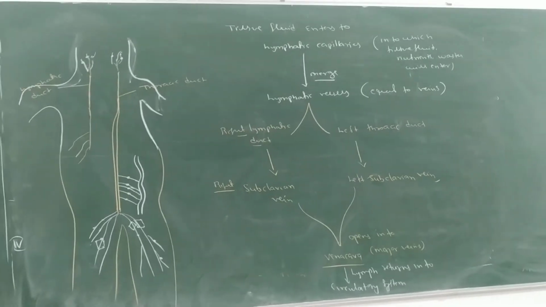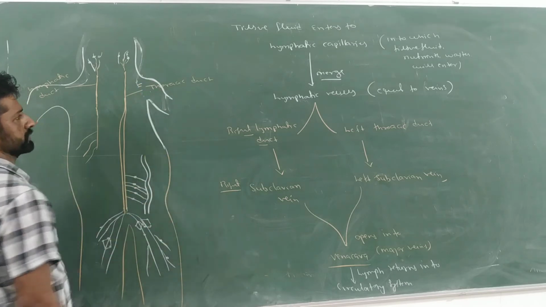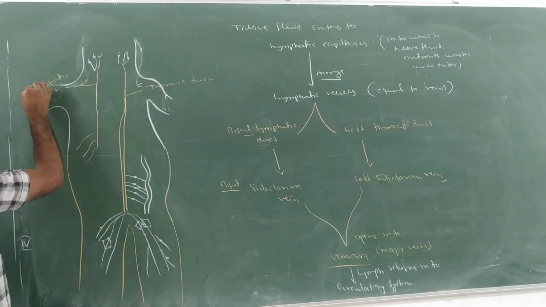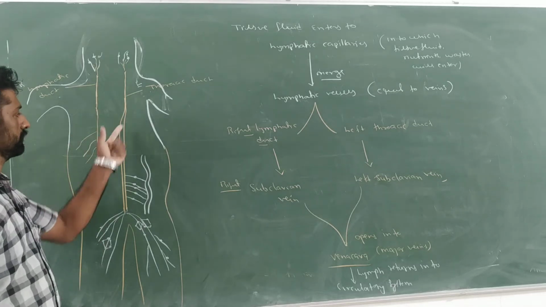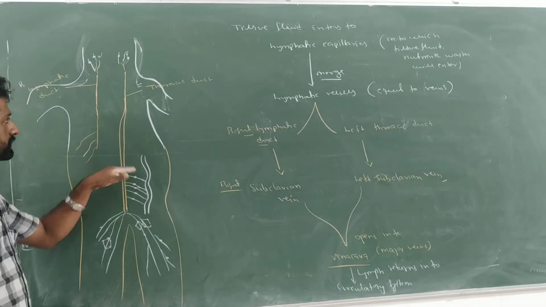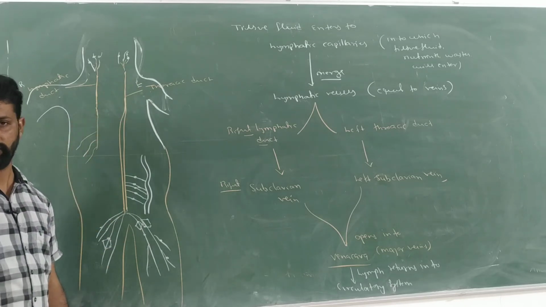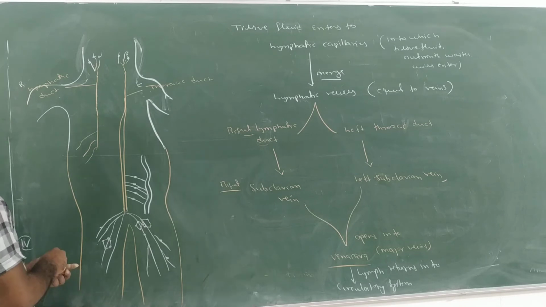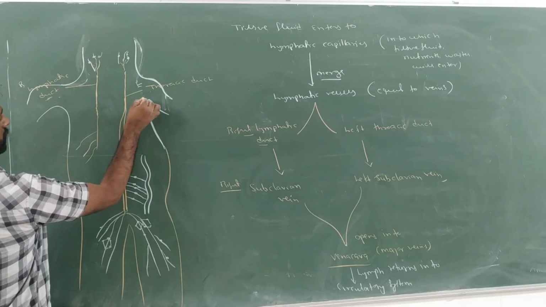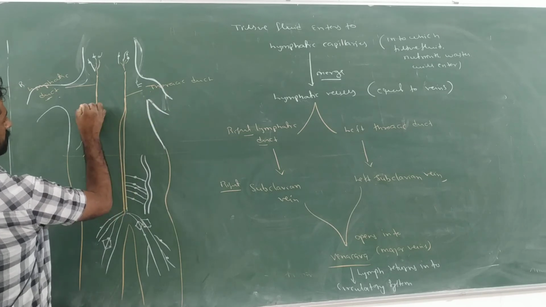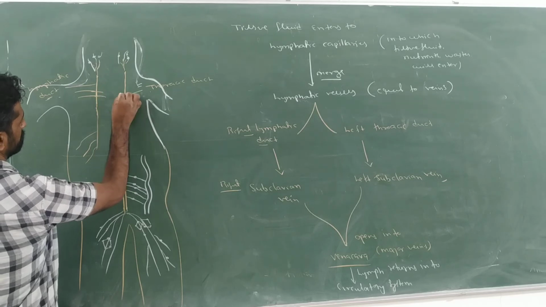So in this diagram, what you can observe is that the left one is called the thoracic duct, and the right one is called the lymphatic duct, into which the lymph from the lymphatic vessels will enter back into the lymphatic system. So the right lymphatic duct and the left thoracic duct open into the ducts.